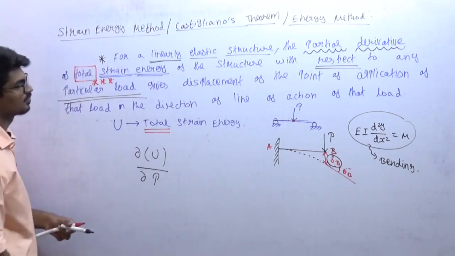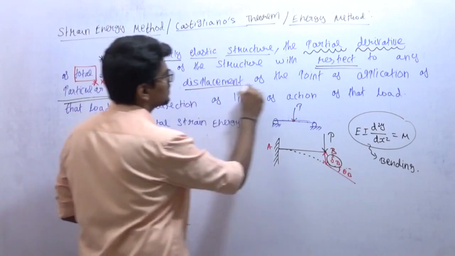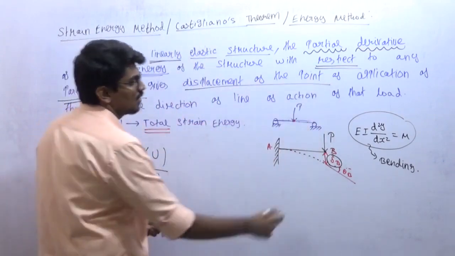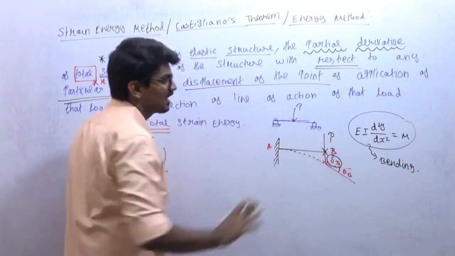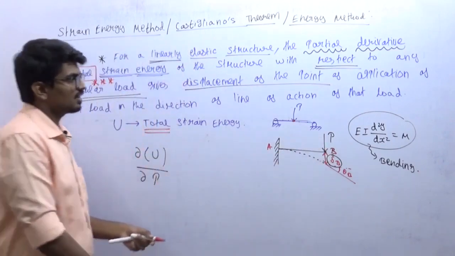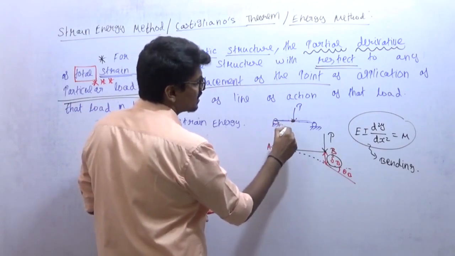Very simple. That particular load gives the displacement of the point. So if I want to find displacement of this point, I need to use the load acting at the point. Similarly, if I want to find deflection at this point, we know this is our elastic curve, right?